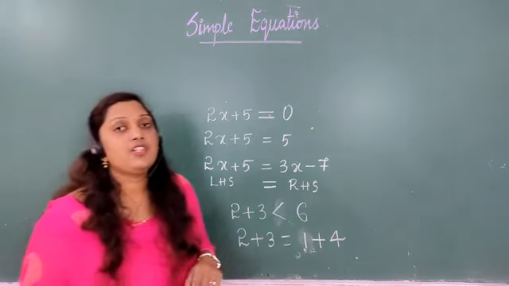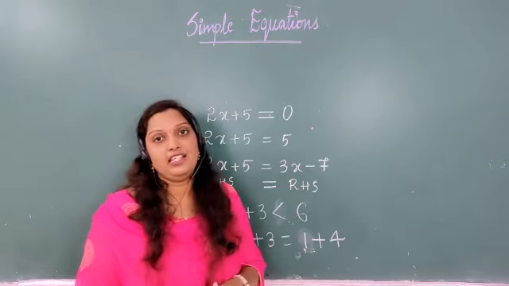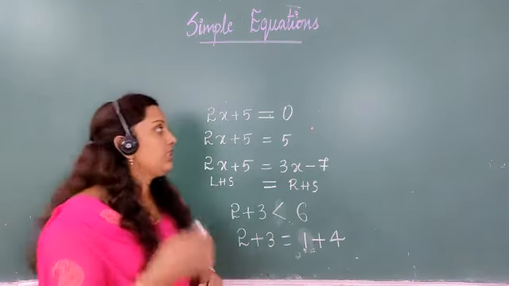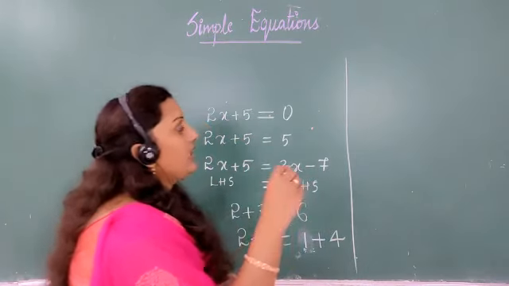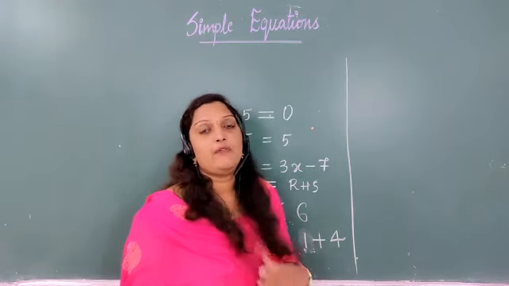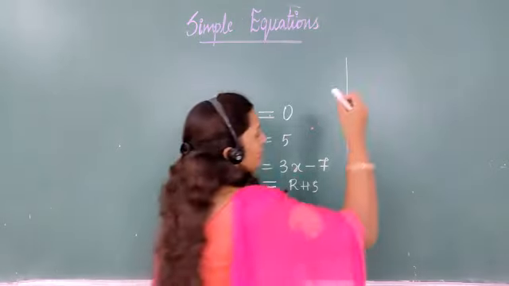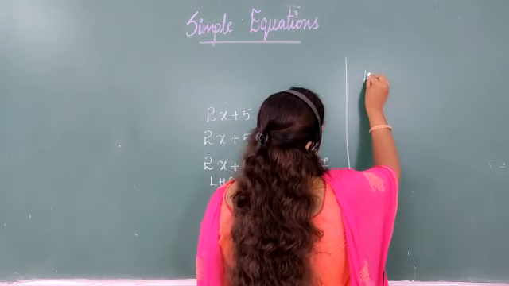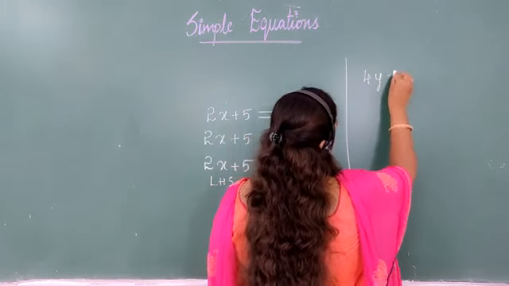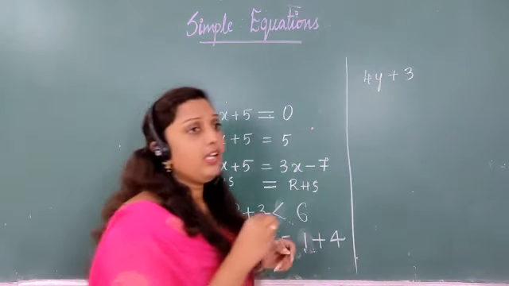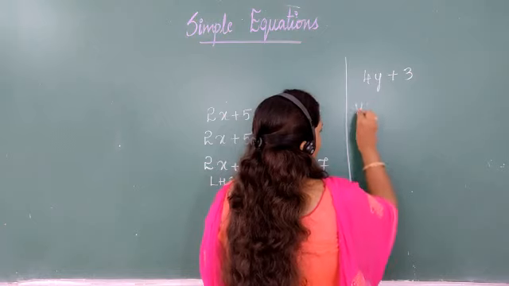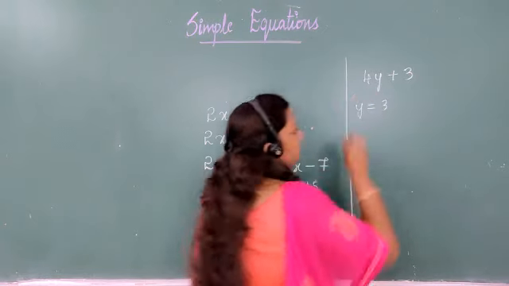Now the question is, why do we need an equation? Yesterday in the algebraic expression class we learned how to find the value of an expression. Suppose I say 4y plus 3, find the value of this expression if y is equal to 3.